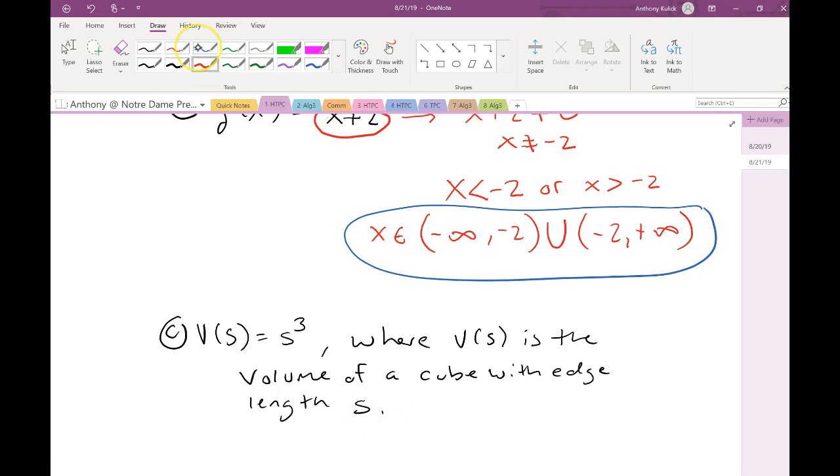So our last example here we're going to look at is V of S equals S cubed, where V of S is the volume of a cube with an edge length of S. Hopefully you recognize that formula from your geometry class when talking about the volumes of a cube.